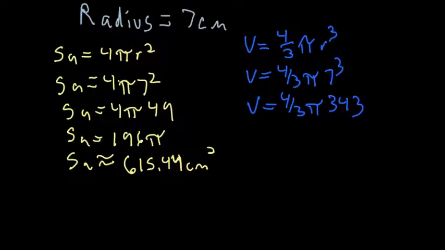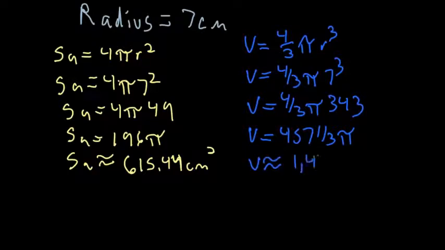So again, to do 4/3 times 343, you're going to times it by 4 and then divide it by 3. So your volume is going to equal 457 1/3 pi. So you can times that by pi, which is 3.14, and you're going to get a volume of about 1,436 centimeters cubed.